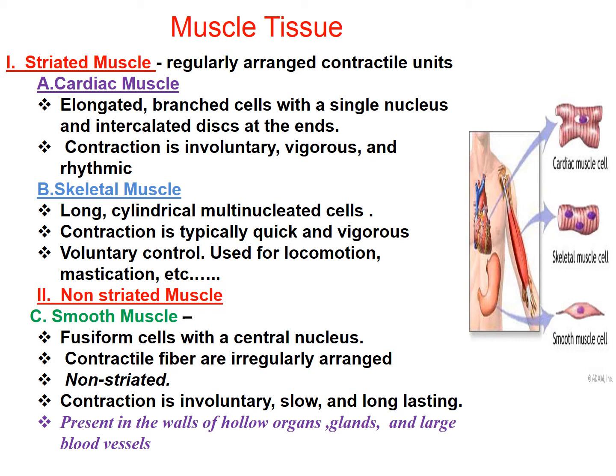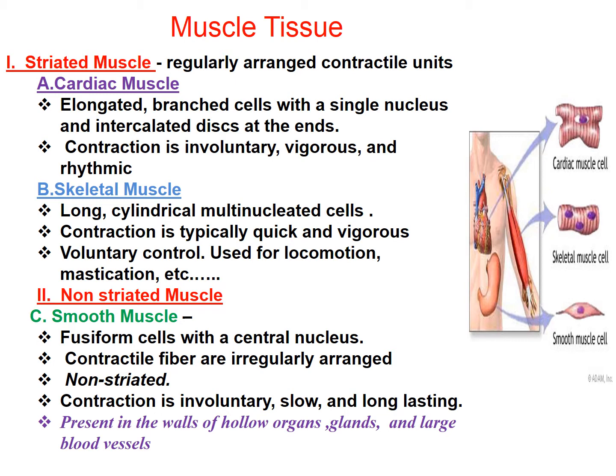It is under our voluntary control, used for locomotion and mastication and any voluntary activity by our skeleton. Skeletal muscle is also called somatic muscle, as it is attached to the skeleton or your bone.